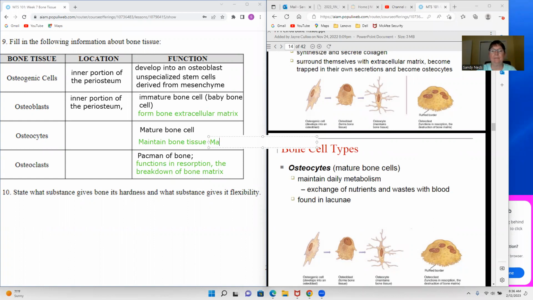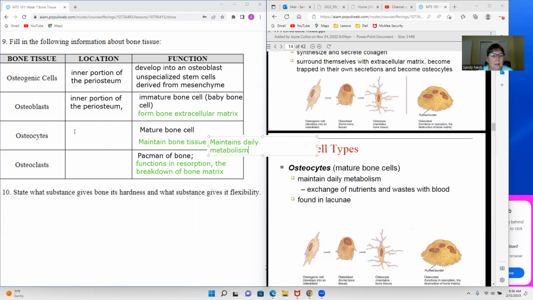Maintains daily metabolism. Remember, metabolism keeps us in homeostasis, and catabolism breaks down worn out cells, and anabolism puts new cells together. So it maintains the health of the cell by adding nutrients and taking away waste.